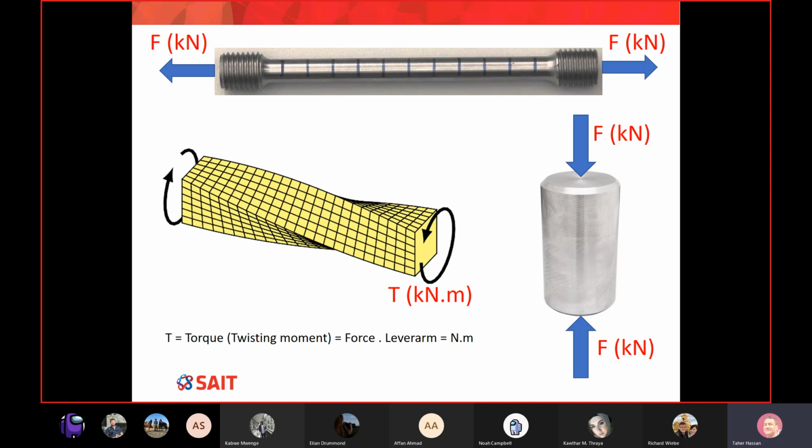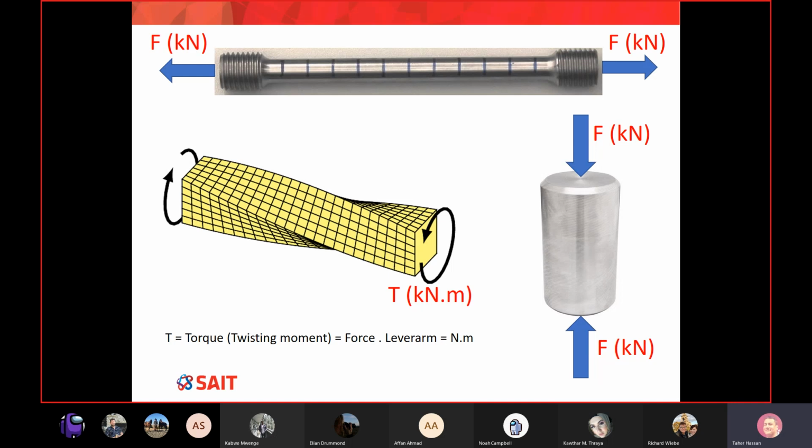So the top is our specimen in tension, where tension is a force that tends to elongate the member, and it is parallel to the axis of the specimen, and it causes something called normal stress. So the stress is perpendicular to the surface, to the cross section. The stress is a normal stress.